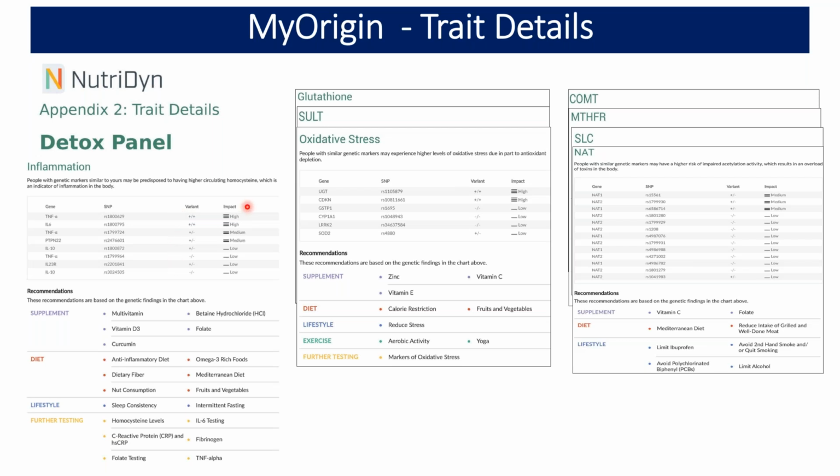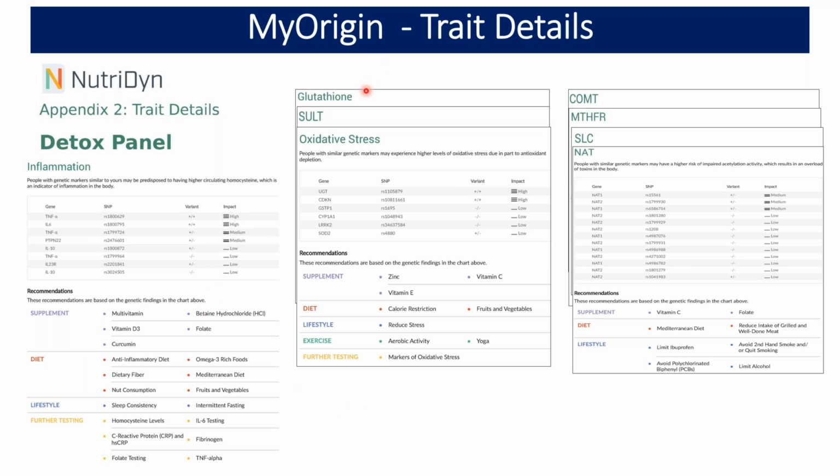And then the report shows you the impact or how important that may be to your health. A little bit of a summary of supplementation that might be the most important with the diet, lifestyle, and further testing on each and every page.